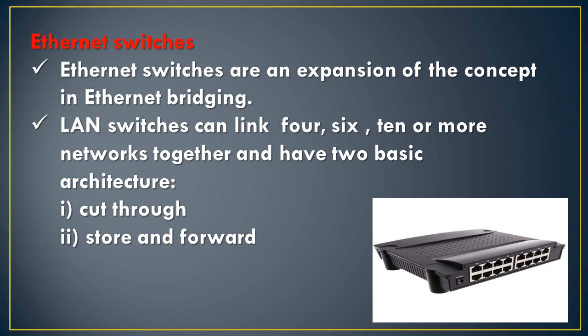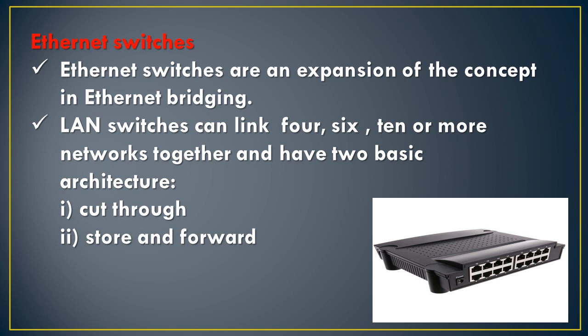LAN switches can link 4, 6, 10 or more networks together and have two basic architectures: cut through and store and forward. What is cut through? Cut through switching is a switching method used in packet switching systems where the switch forwards data to its destination immediately after the destination address has been processed, without waiting for the entire data to be received.